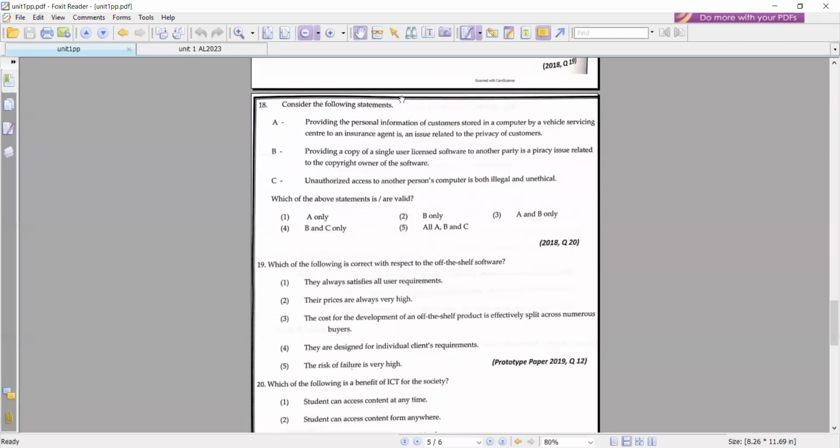We'll go to 18. Consider the following statements. Providing the personal information of customers stored in a computer by a vehicle service center to an insurance agent is an issue related to the privacy of customers.